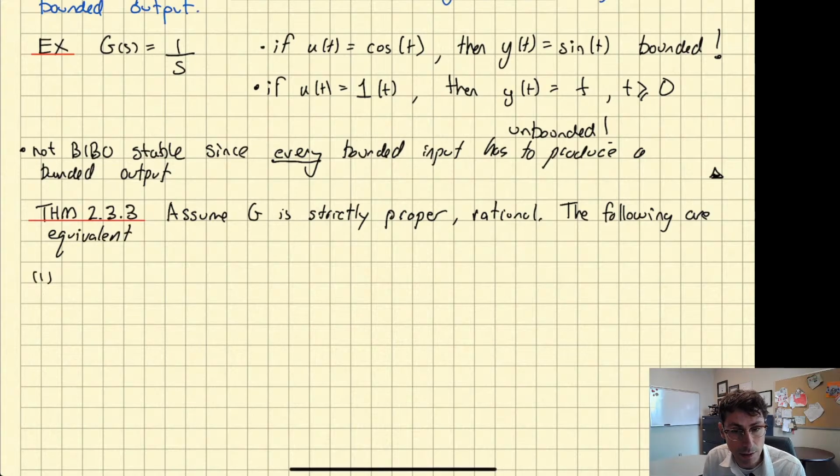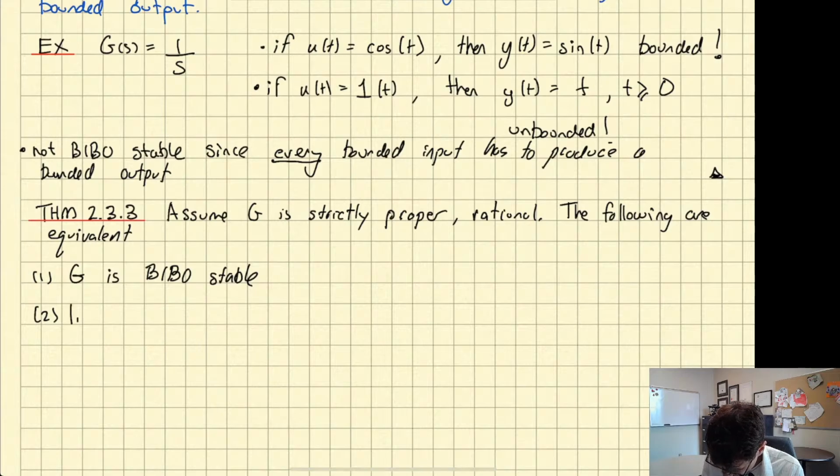The first statement is that G is BIBO stable. Okay, that is equivalent to saying that its impulse response is absolutely integrable. And the impulse response is the Laplace inverse of the transfer function, of course.